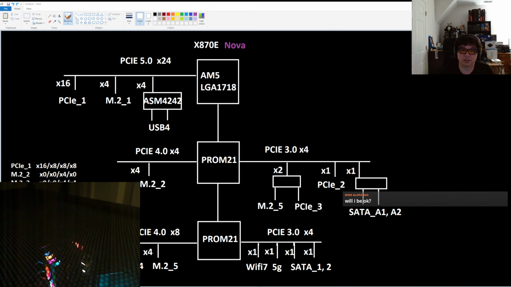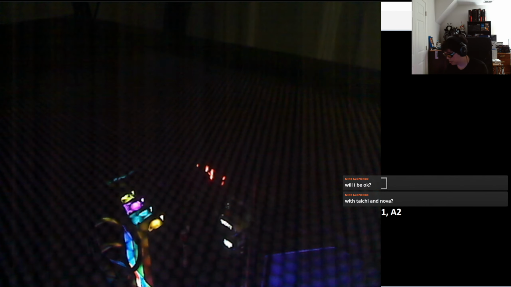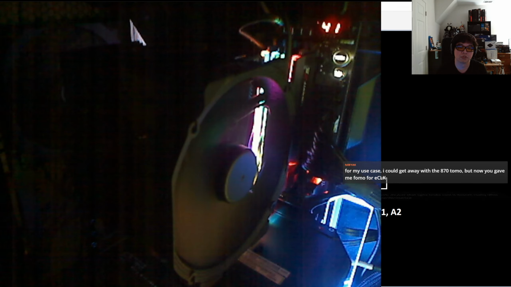So right here, this is the computer that we are using to live stream right now. So look at this. This is the X870E Crosshair Hero. And you can see the computer is live streaming right now. And we're on an air cooler.